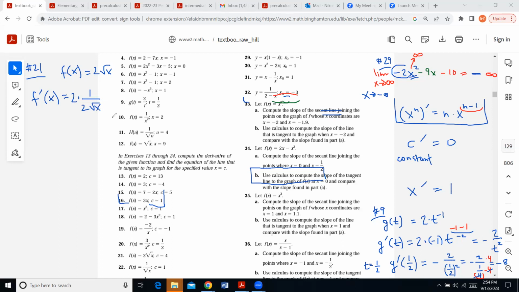So that's something that I use as a formula. So derivative of a square root is 1/2 square root of x. So if I use this formula with exercise 21, I just take the derivative of square root and put it as 1/2 square root, and we can cancel and get the answer as 1 over radical x.